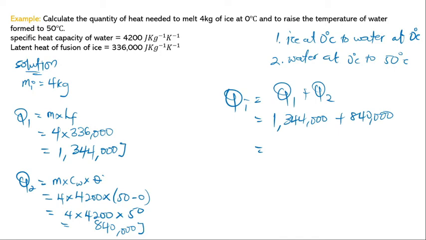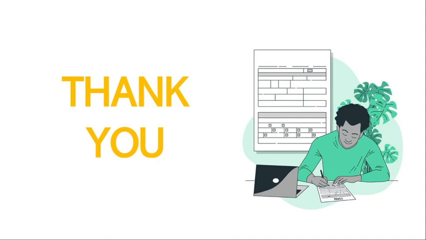That is going to give me a total energy of 2,184,000 joules. So the total energy needed for this conversion, that is, to melt the ice at 0 degrees Celsius and raise the temperature of the water formed to 50 degrees Celsius, is 2,184,000 joules of energy.